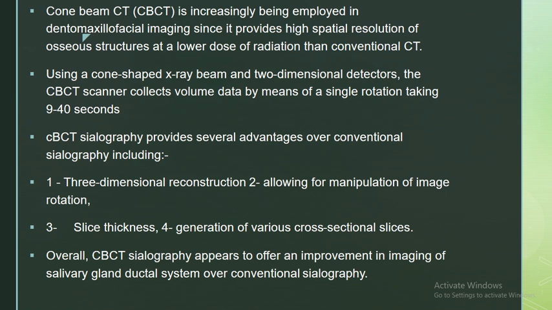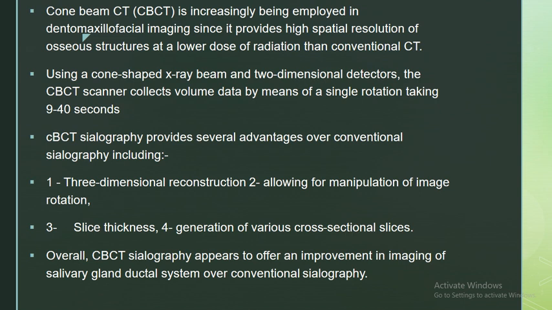We also have CBCT, or cone beam CT. It is increasingly being employed in dentomaxillofacial imaging since it provides high spatial resolution of osseous structures at a lower dose of radiation than conventional CT. Using a cone-shaped X-ray beam and two-dimensional detectors, the CBCT scanner collects volume data by means of a single rotation taking about 9 to 40 seconds.